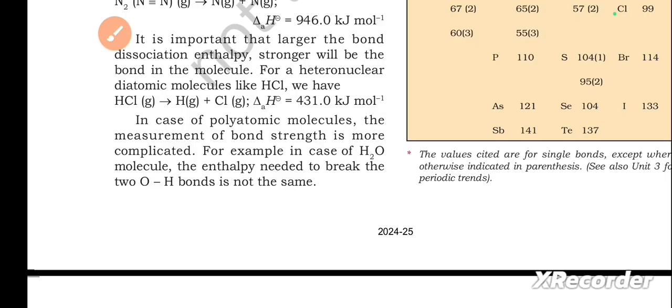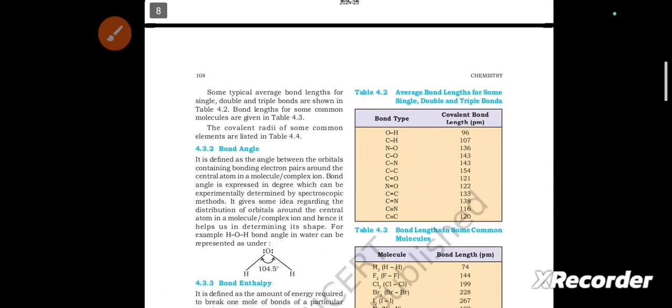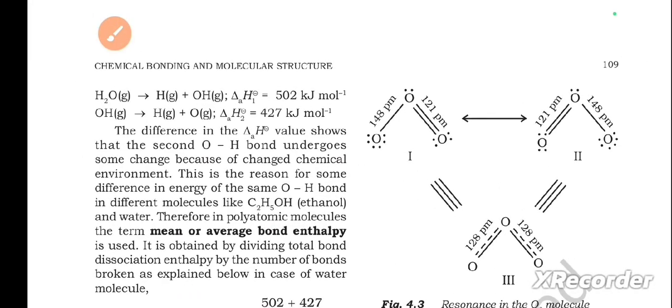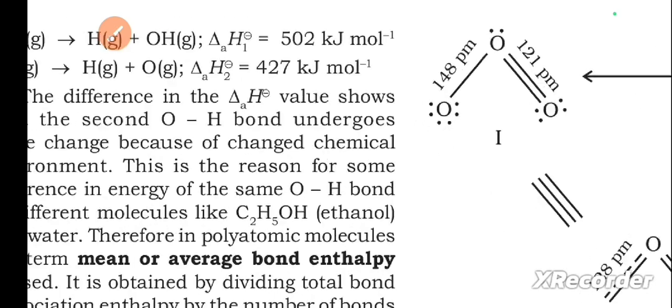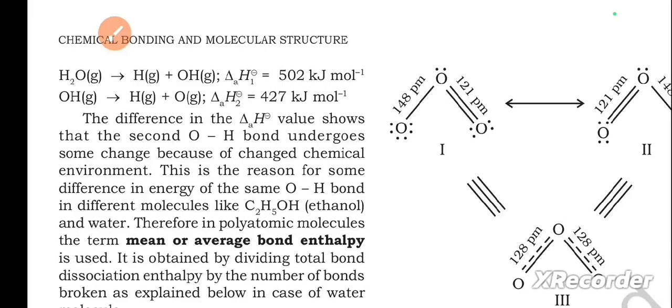For example, in case of the H2O molecule, the enthalpy needed to break the two O-H bonds is not the same. The difference in the delta H values shows that the second O-H bond undergoes some change because of the changed chemical environment.